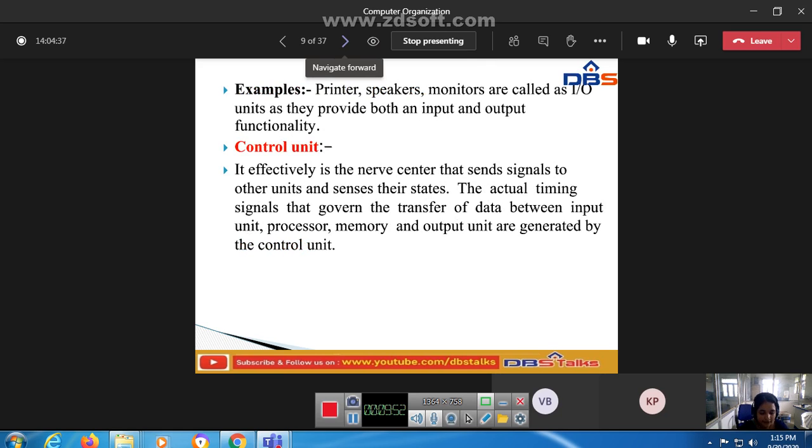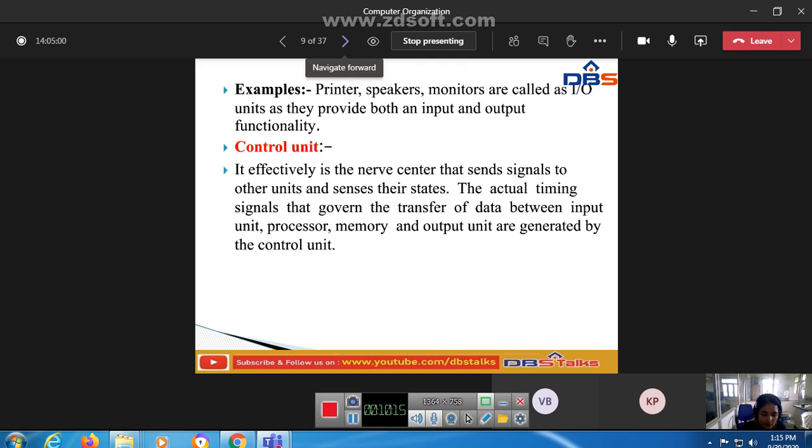The control unit is effectively the nerve center that sends signals to the other units and senses their states. The actual timing signals that govern the transfer of data between the input unit, processor, memory and output unit are generated by the control unit. This is called the control unit.